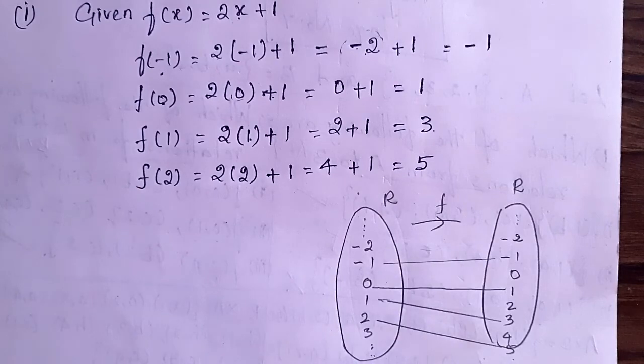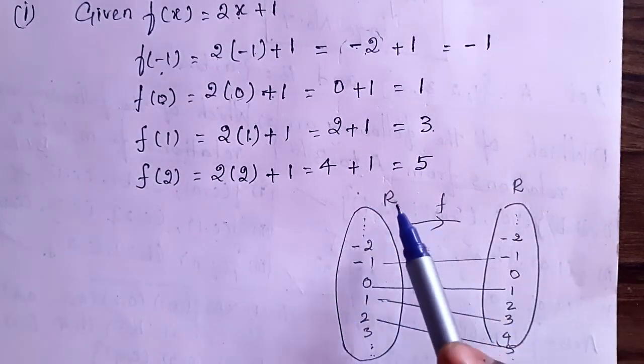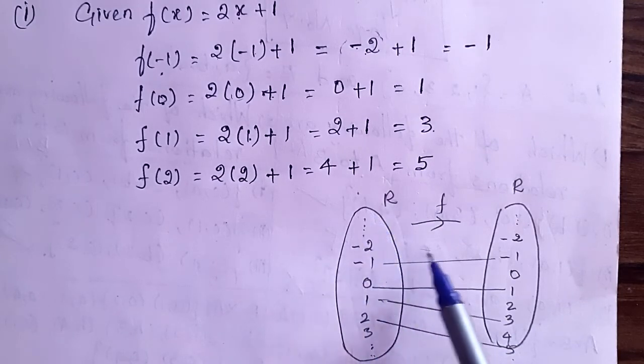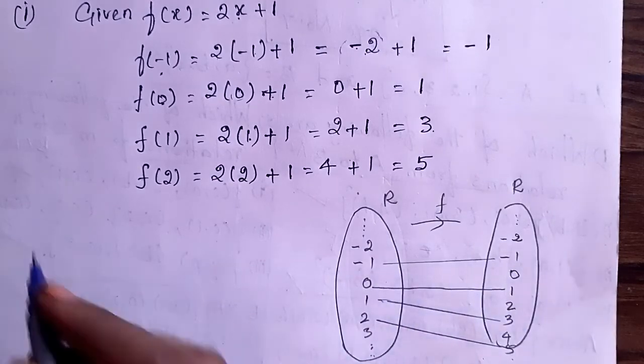So look at the picture. Every element of the domain, different elements of the domain have different images, so we can say it is 1-to-1 function.